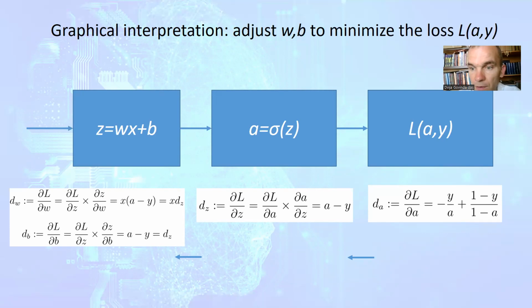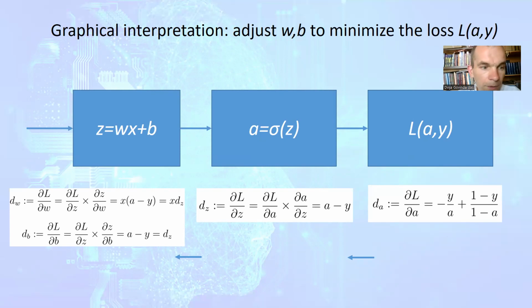We are calculating the partial derivatives by a, which, recall, is in the second block, the sigmoid function of z. Then we have a very compact formula for the partial derivative of the loss function by z. It's equal just to a minus y. And we are using, of course, the chain rule for the calculation of derivatives.